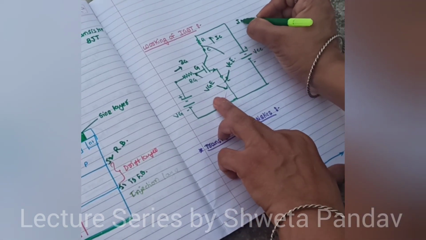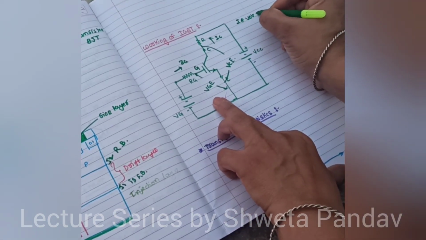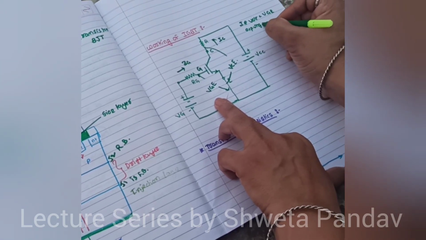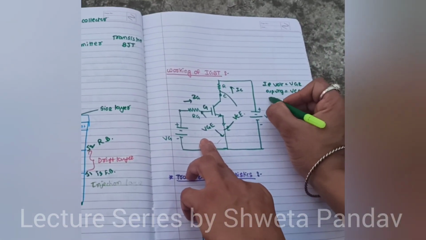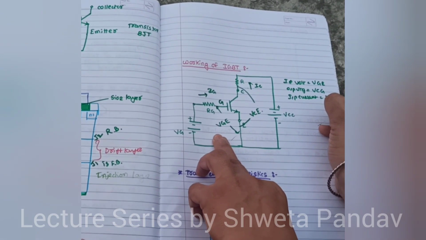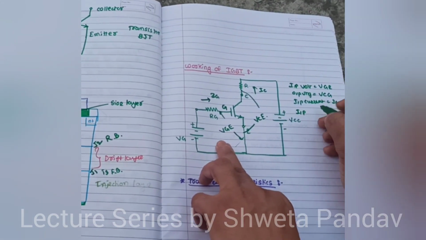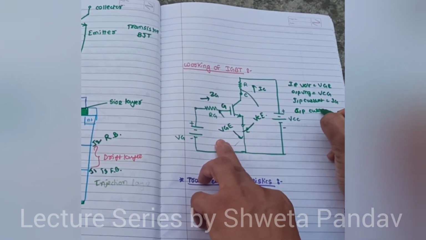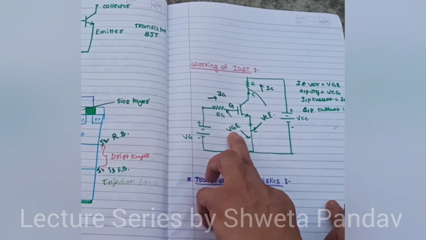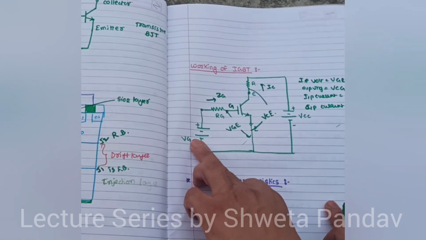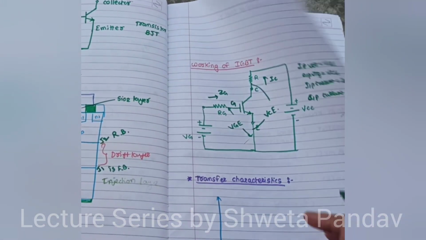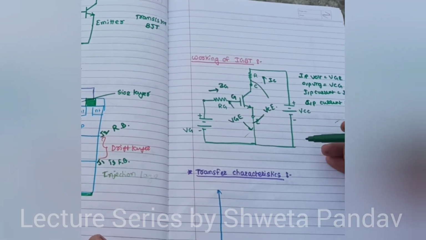So for this diagram, input voltage is Vg, output voltage is VCE, input current is Ig, and output current is IC. As I increase the gate voltage Vg, the output current depends on the input voltage.